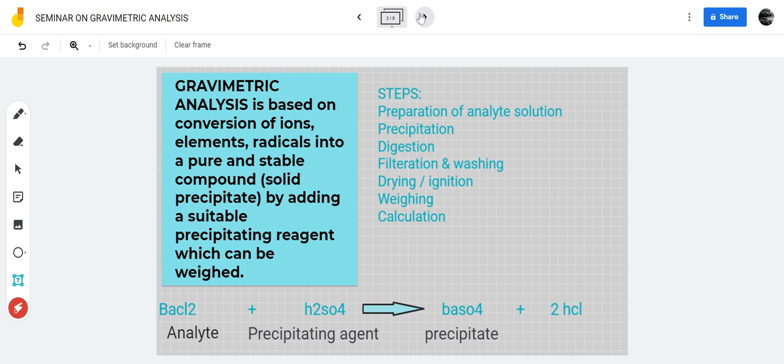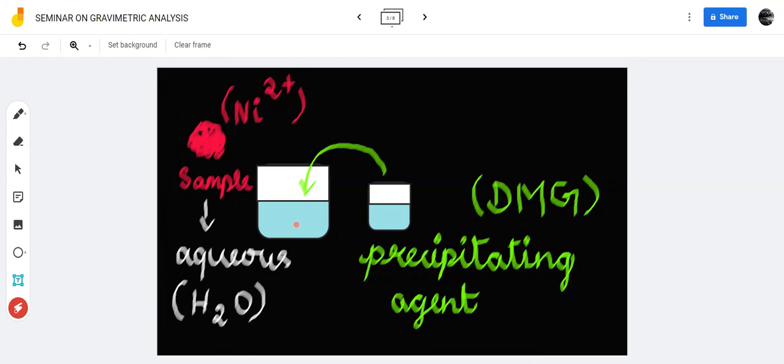to make the sample aqueous. On adding the precipitating reagent, this reagent must be chosen by you. If the sample contains nickel 2 plus ion, the excellent reagent that precipitates nickel is DMG, that is called dimethylglyoxime.